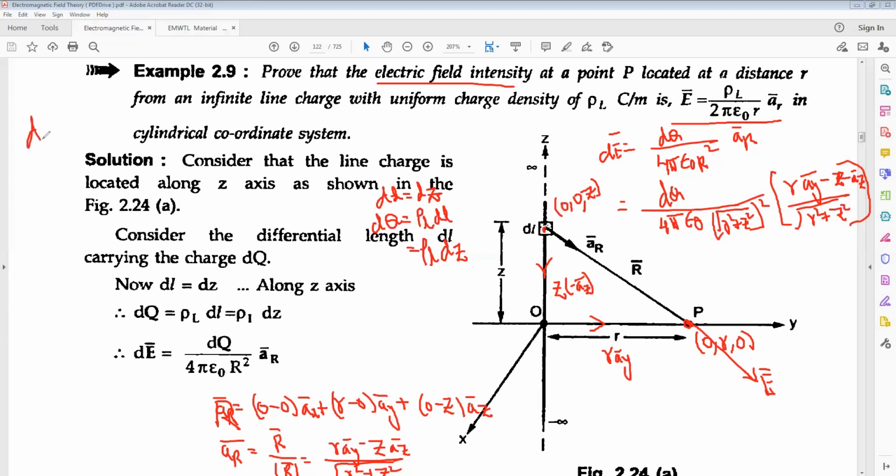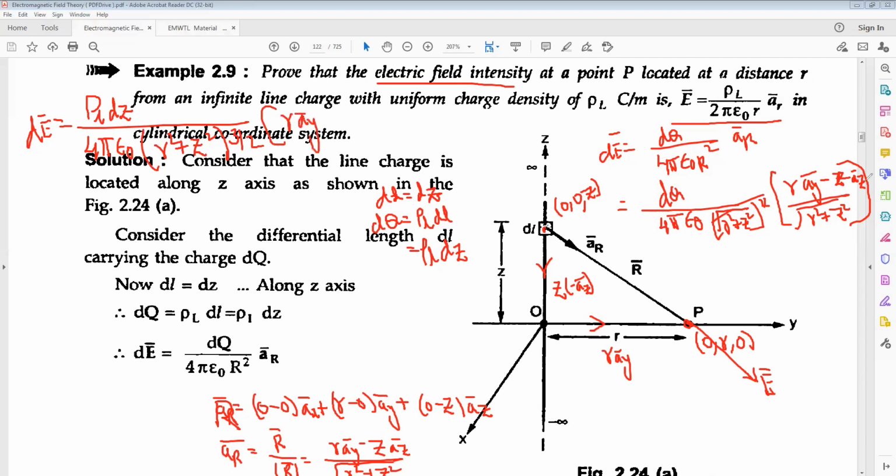And now we need to find dE bar is equal to dQ. What is dQ? Substitute that as rho L into dl, not dl, dz by 4 pi epsilon naught. In the denominator, you can see here the square and the root get cancelled. And here the R power 1 by 2 and this R square plus Z square, totally we get R square plus Z square whole power 3 by 2, multiplied with R into AY bar.